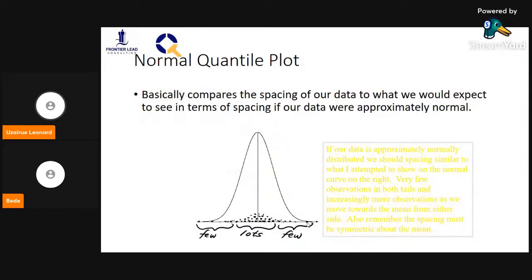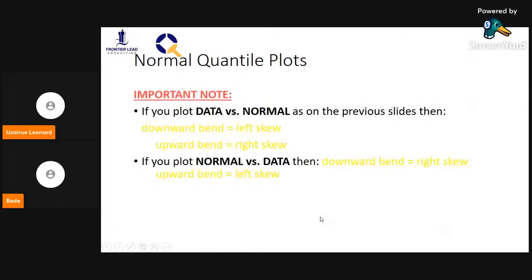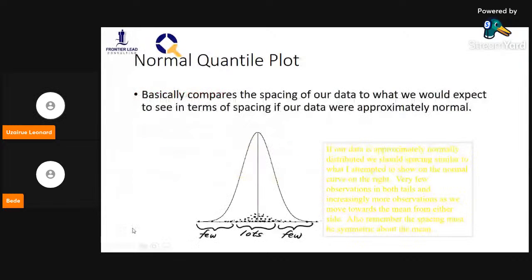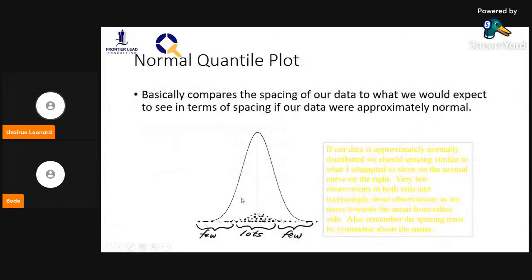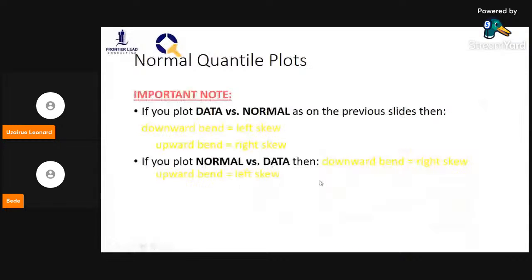What we are saying in essence is that if you see a downward bend like this, we refer to it as left skew. But when you see an upward bend like this, that is right skew, as the case may be. So that is basically that.